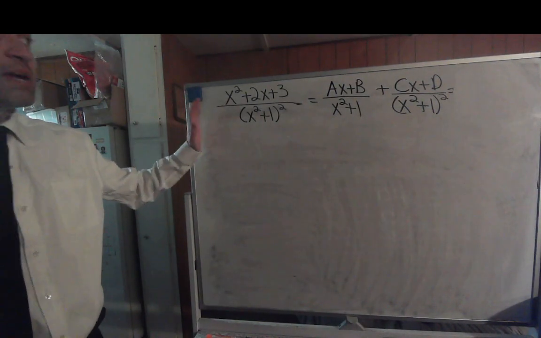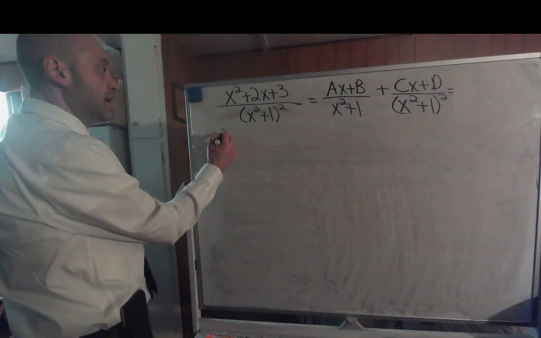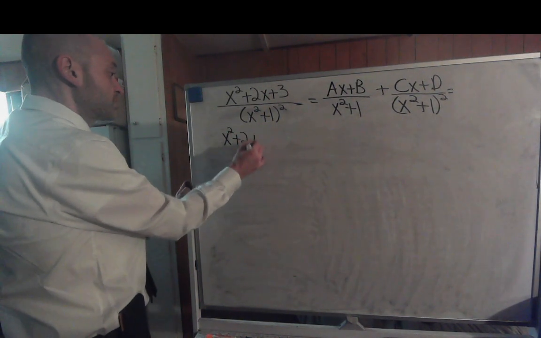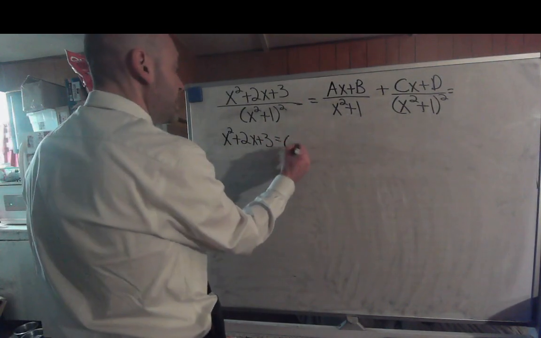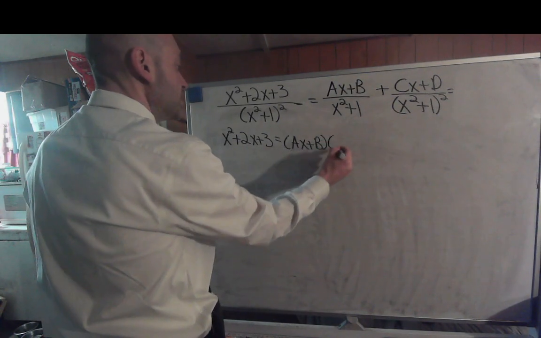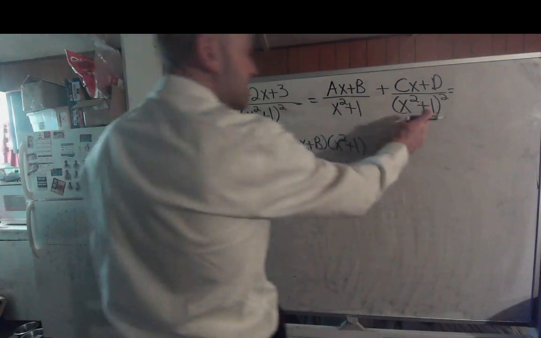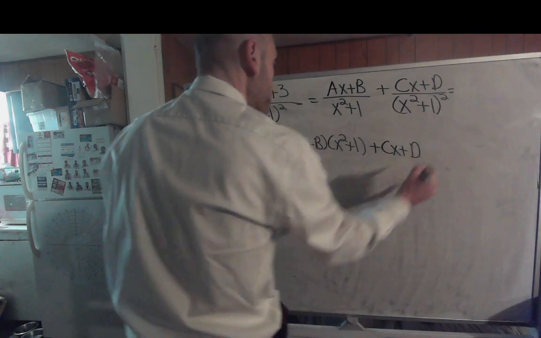because you just multiply both sides by the same common denominator. You'll end up getting x squared plus 2x plus 3 is going to equal that ax plus b times x squared plus 1. And then in the second term, you'll just have plus cx plus d.